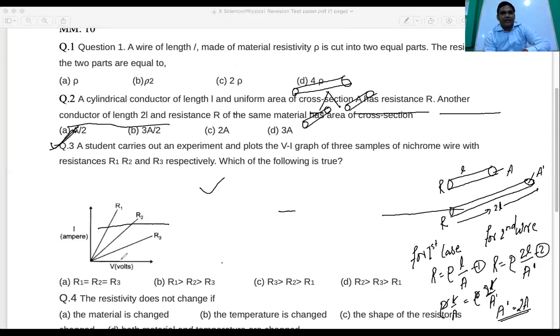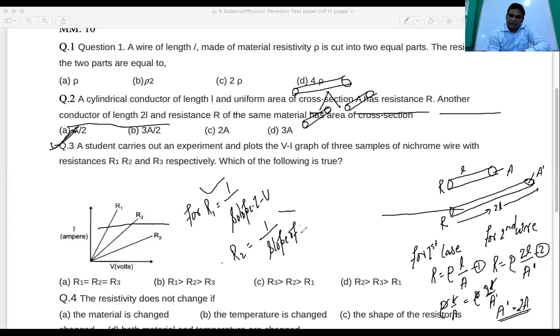So this is basically an IV graph. For R1 you can write R1 is basically 1 by the slope of the IV graph. For R2 you can write 1 by the slope, and for R3 also 1 by the slope.